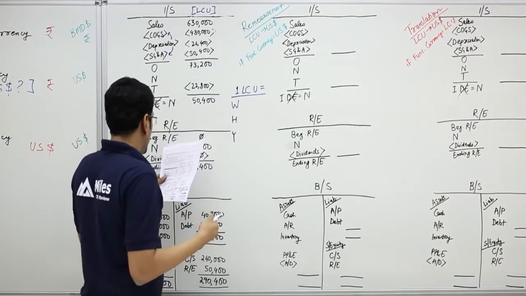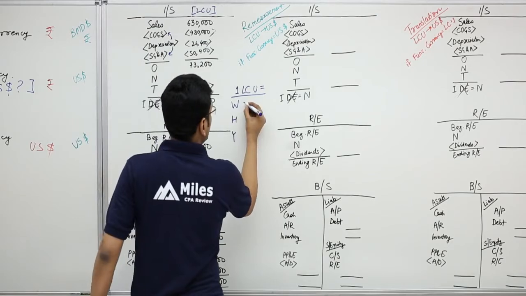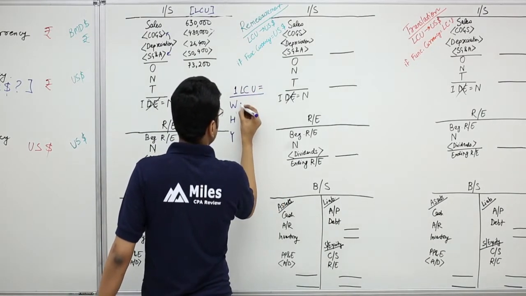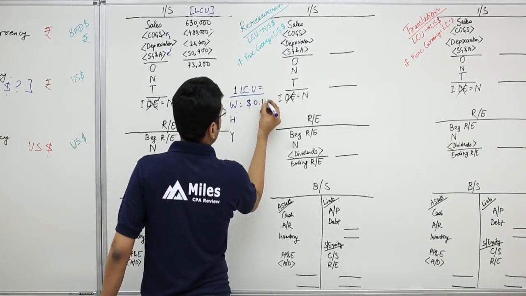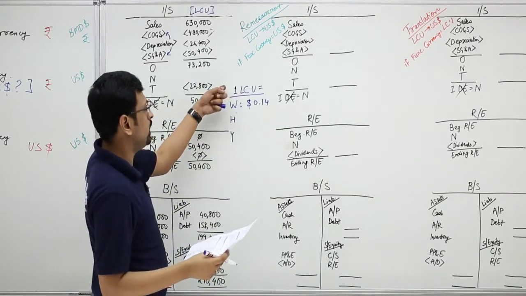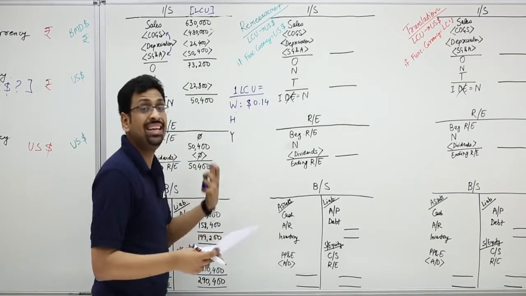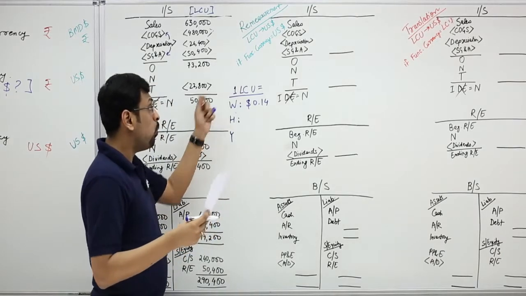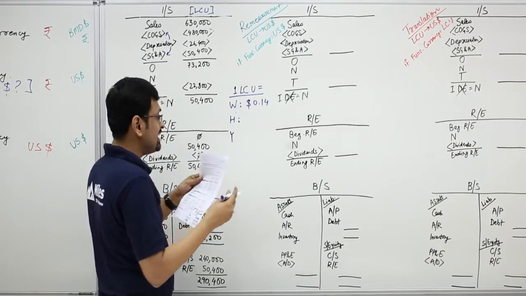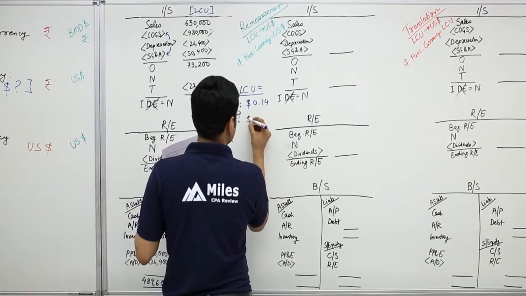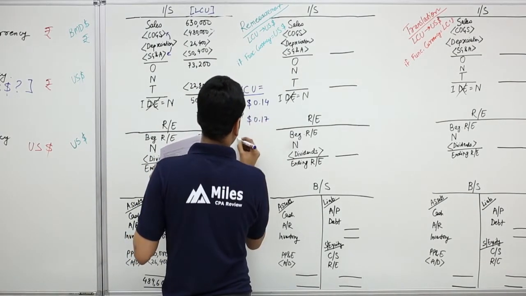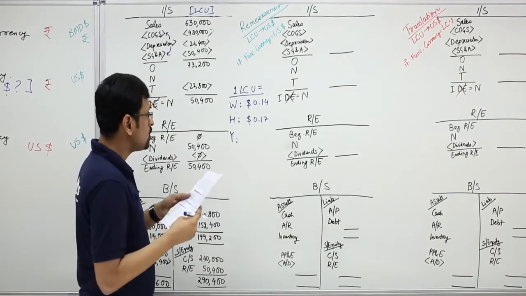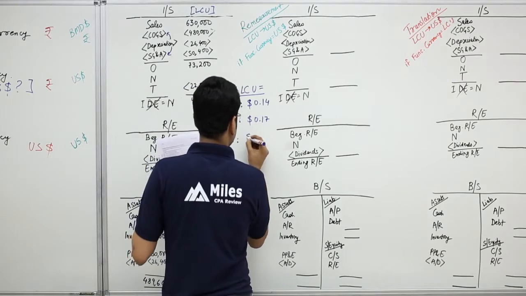So W, the weighted average rate, is 0.14. So one local currency unit is 0.14 or 14 cents. Historically, one local currency unit was 17 cents, and at year end, one local currency unit is 11 cents.